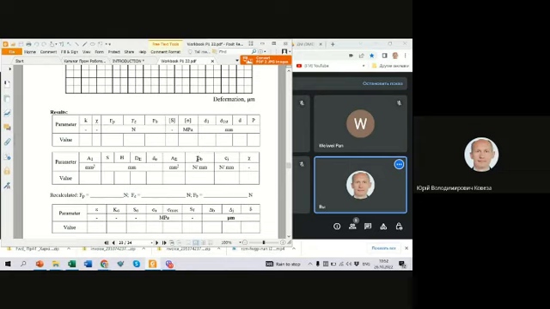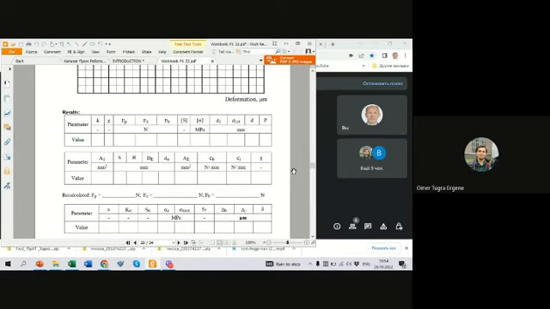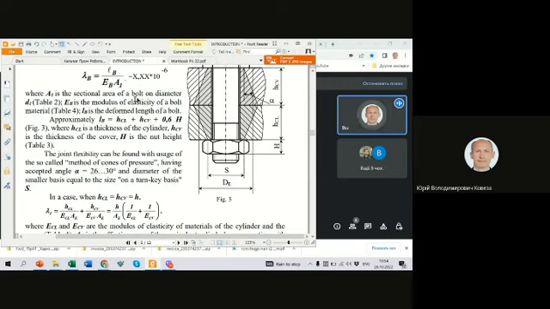The only difference is right here: lambda B, lambda joint. Lambda joint. Lambda bolt is relatively simple. Lambda joint is a little bit more complicated.